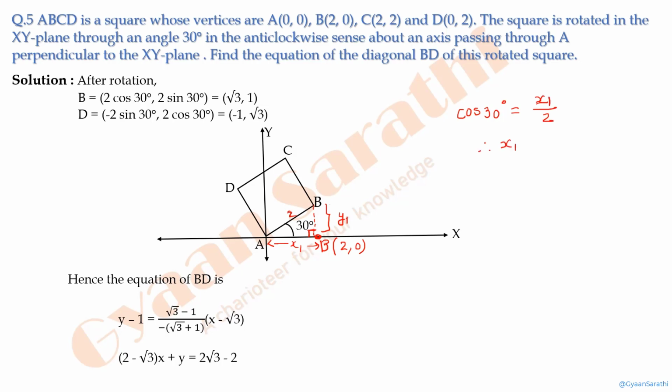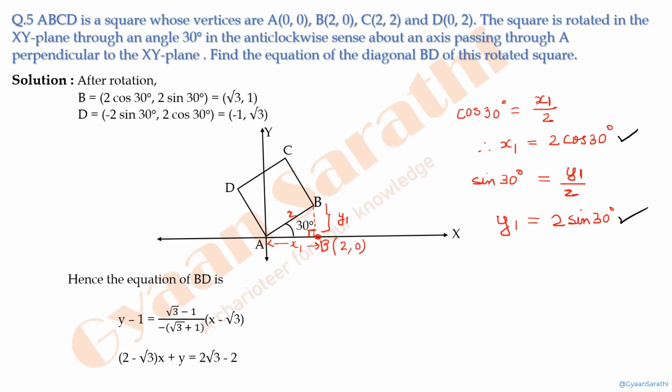Therefore x1 is 2 cos 30 degree. Similarly, sine 30 degree will be equal to y1 by 2. Therefore y1 will be equal to 2 sine 30 degree. So this is the x coordinate and the y coordinate of B in the new position. Hence, after rotation, B is (2 cos 30 degree, 2 sine 30 degree), which is (root 3, 1).